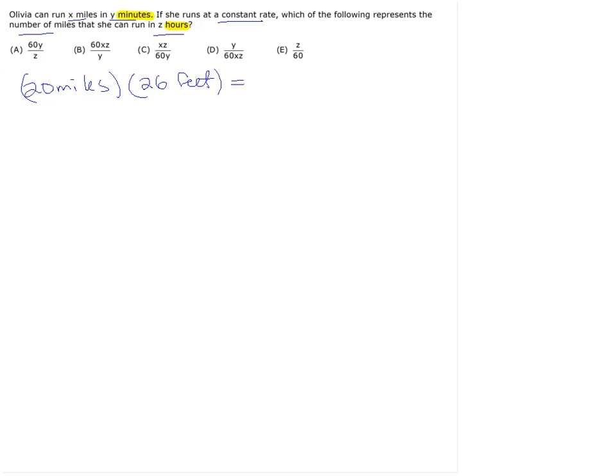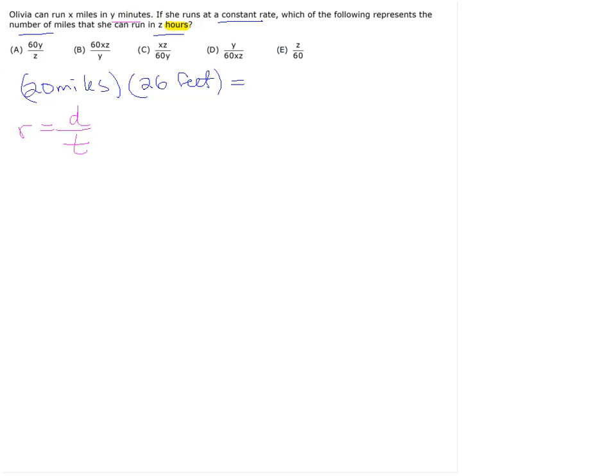So if you think about it, what's her rate? Well, it's kind of given in a pseudo-sneaky fashion, right? Because we know rate is distance over time, and the problem tells us she runs X miles in Y minutes. So really what they're giving us there is her rate, right?